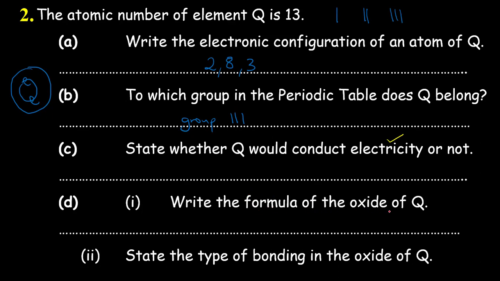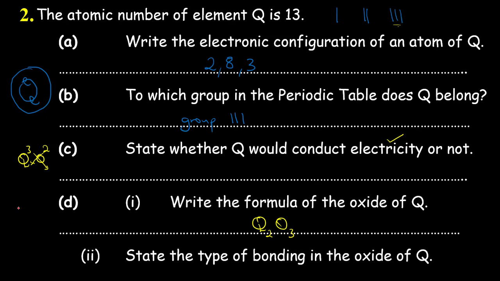Write the formula of the oxide of Q. So the oxide of Q, we need to know the valence of Q first. Q has a valence of 3 because it's in group 3 and it's a metal, while our oxygen has a valence of 2. So if I'm to use our simple method of coming up with the formula, we shall come up with Q2O3.